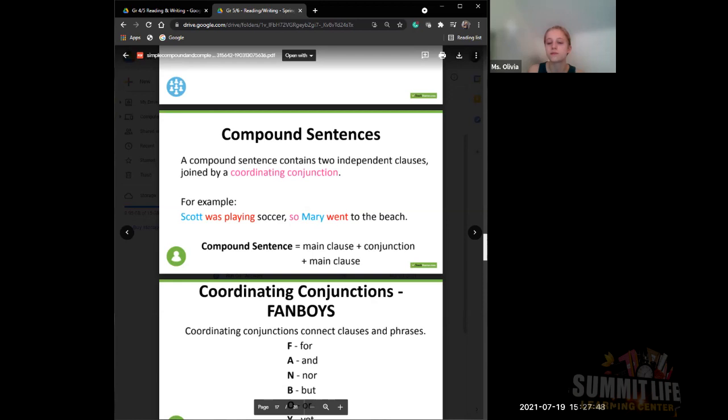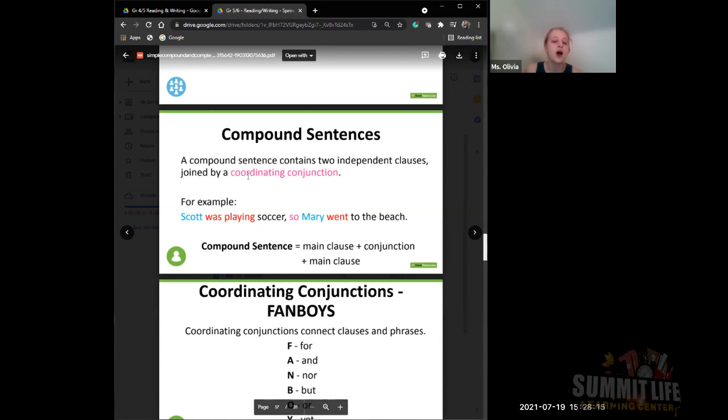What is he doing? Went and was playing. Okay, so went and was playing are two verbs. And just to see who's listening, what is our coordinating conjunction in this sentence? Yeah, totally right.